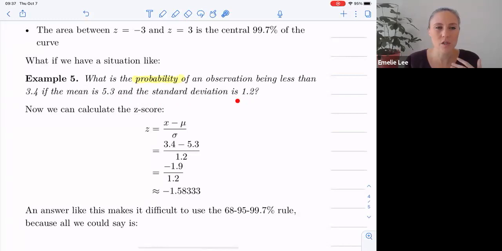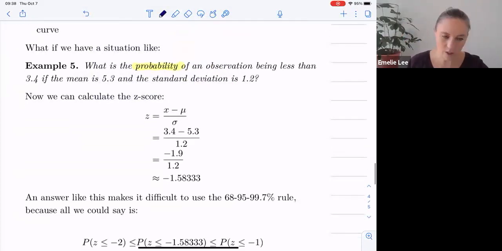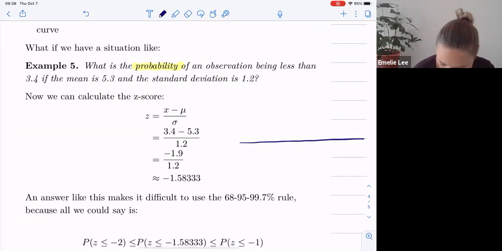Okay, let's just map it out on a number line, just like we did before, to see what it's going to look like. I am going to leave some room above my number line to draw that normal distribution. And usually I end up drawing the normal distribution first, but I just want to show you that you could do the number line first, just to make it a little bit easier. So I've got a mean of 5.3, which I'll put here.